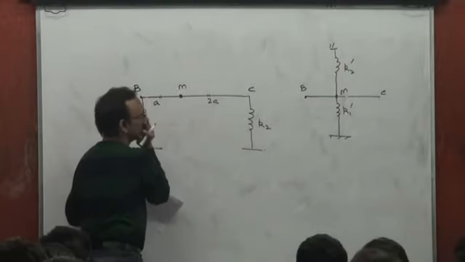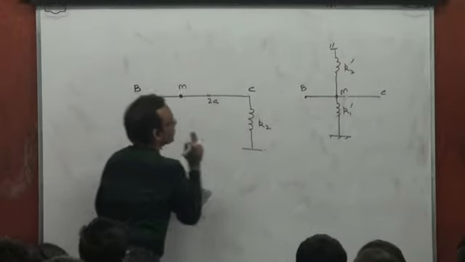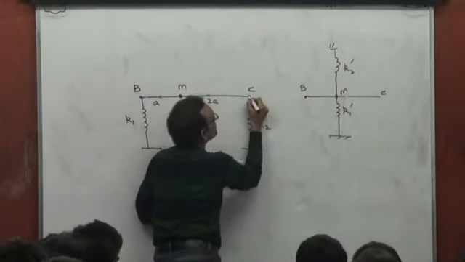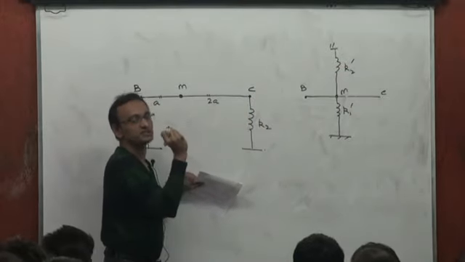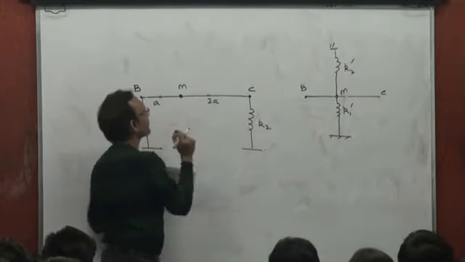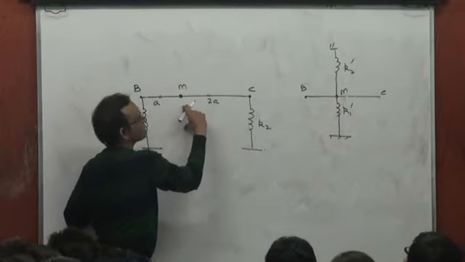So now what you do is, for a moment, imagine C to be pivoted, right? And cause the spring to go down here.